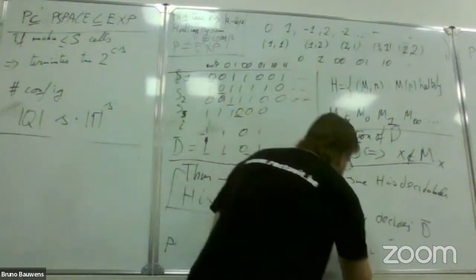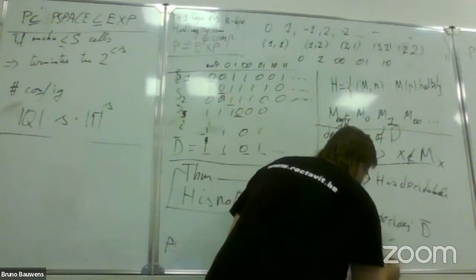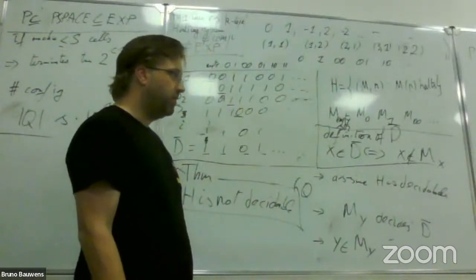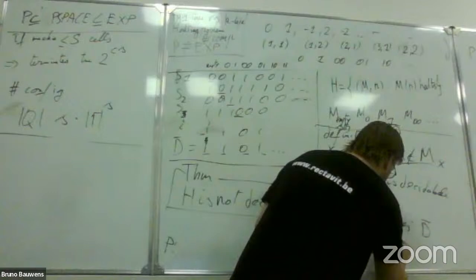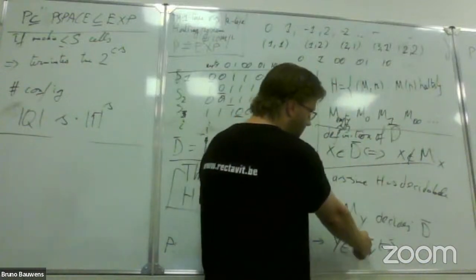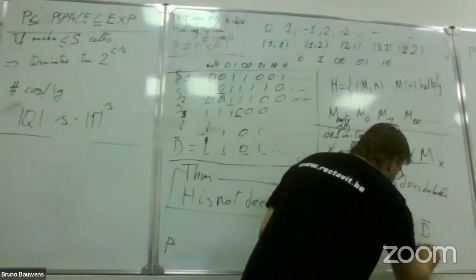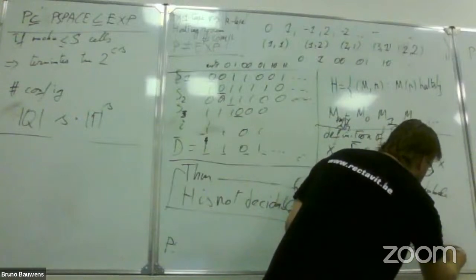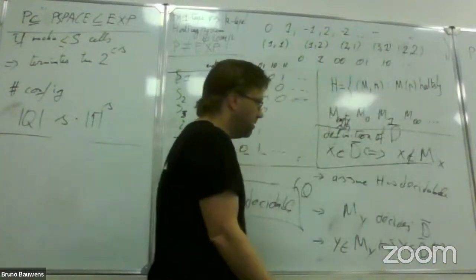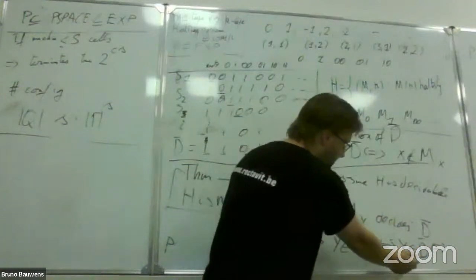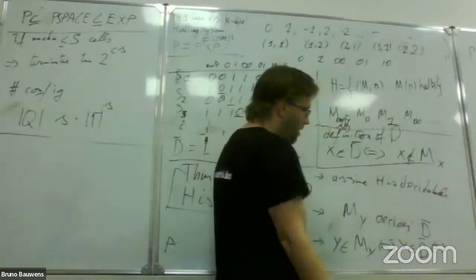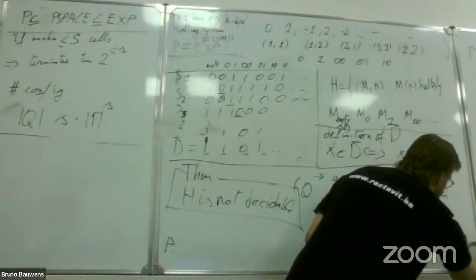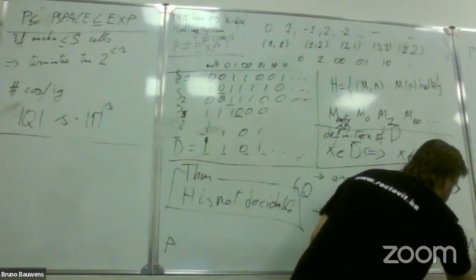The question is: is Y accepted by MY? Well, what does it mean? We know that the language of MY is the same as D bar. By definition, D bar does precisely this: it accepts X precisely if X is rejected by MX.